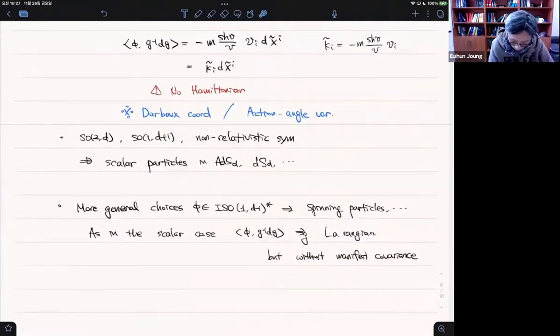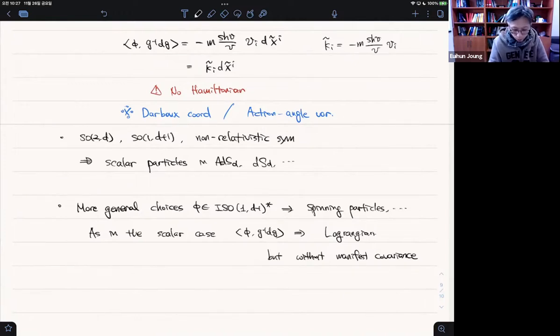And again, if we do this for the spinning particle case, we will get some action which is good, but not manifestly covariant. This was studied by several people.